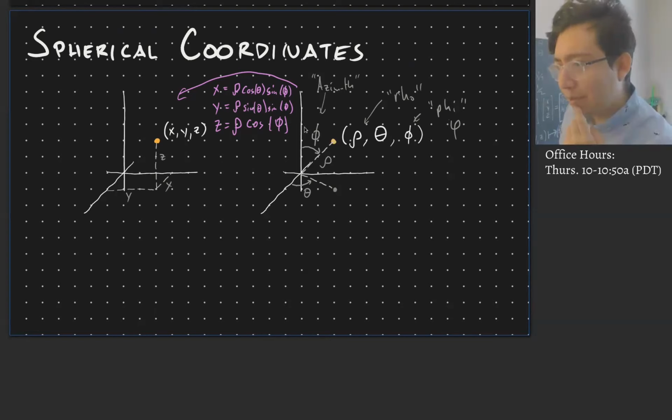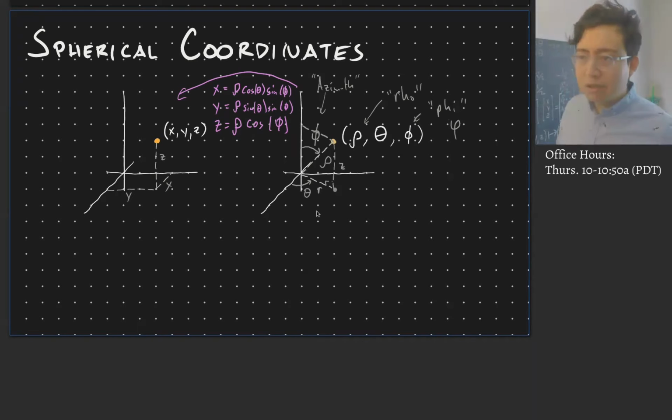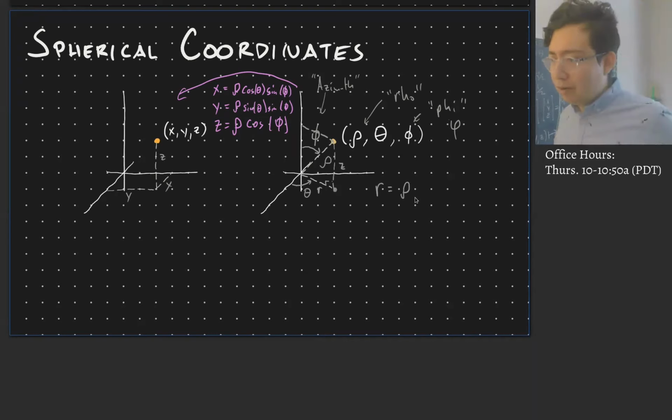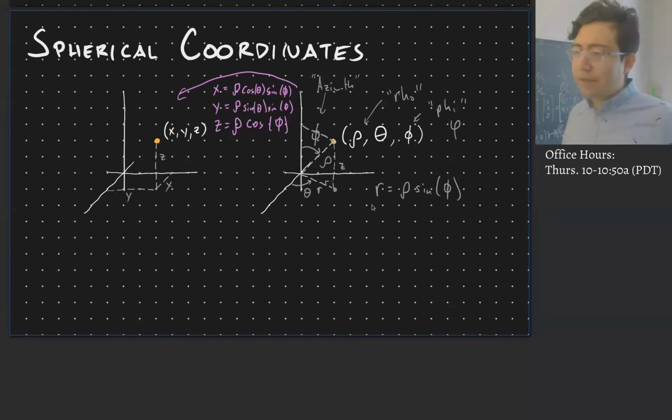It's coming in. We get this right triangle, where the hypotenuse is rho, this leg is z, and this other leg is r. So r, from our polar coordinates, is equal to rho times sine of phi. You can use trig to figure this out.